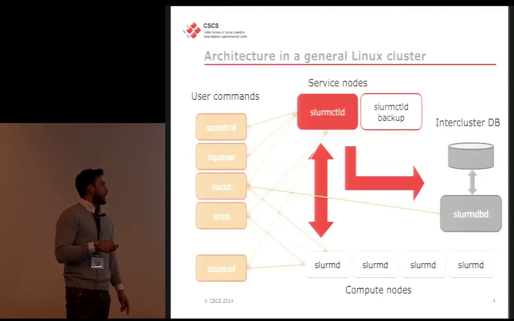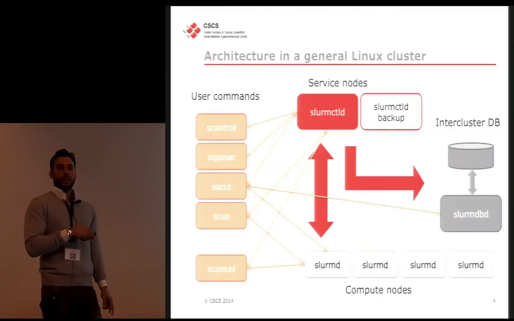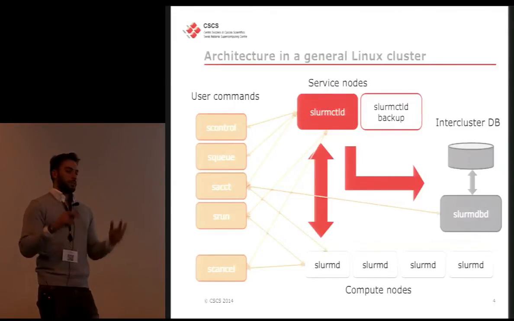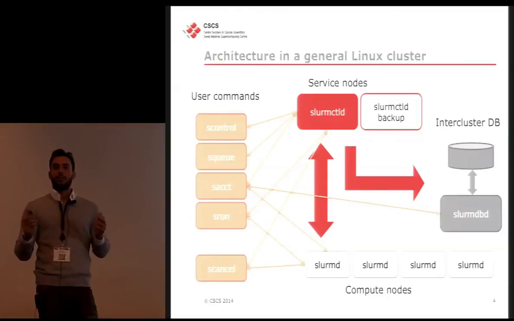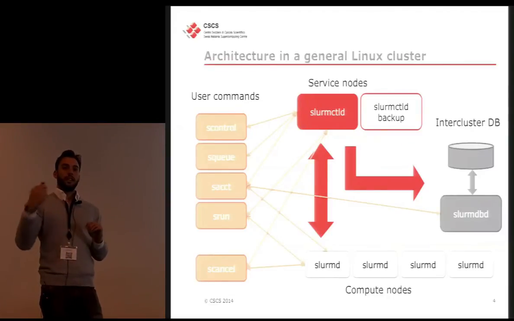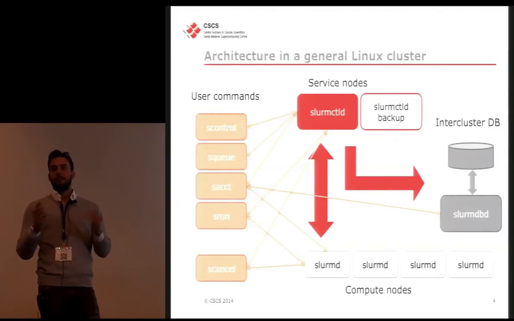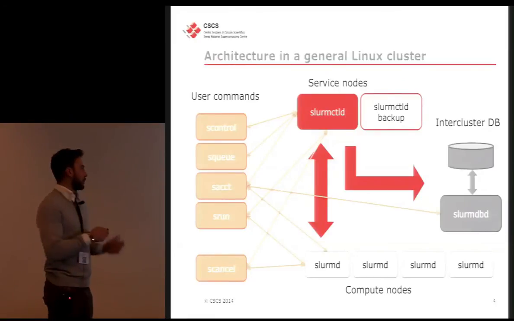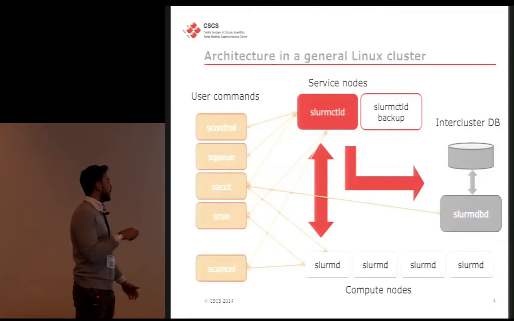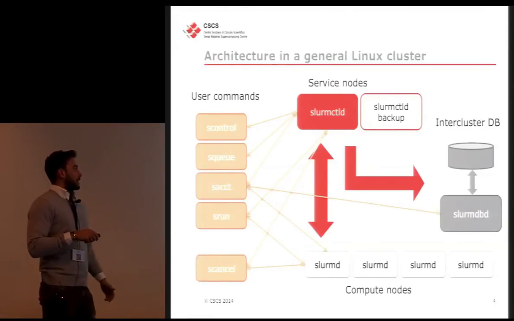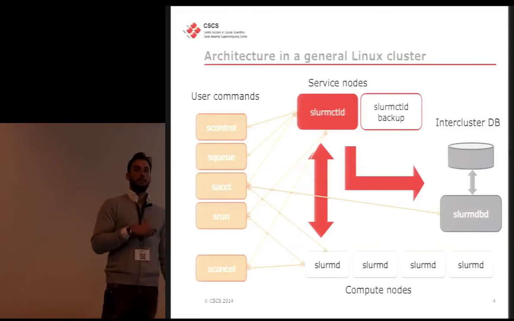On every compute node runs a SLURM daemon. The SLURM daemon basically works like a remote shell. It waits for a job, then you get the job, execute the job, and then you keep on waiting until somebody tells you something. Then we have an optional SLURM database daemon.